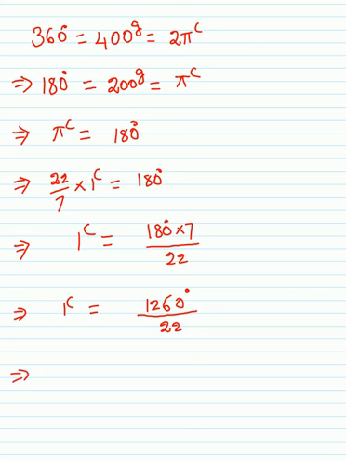Now you can cancel with 2. 1 radian is equal to 630 degrees divided by 11. So now divide 630 degrees with 11.